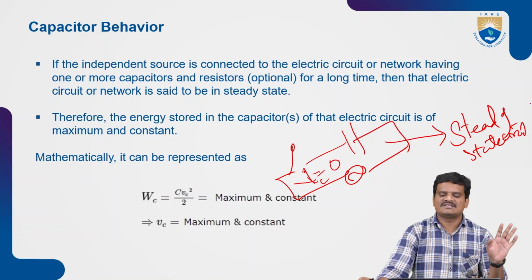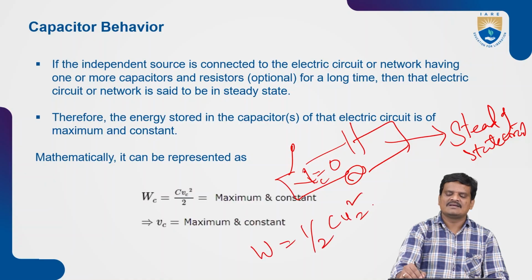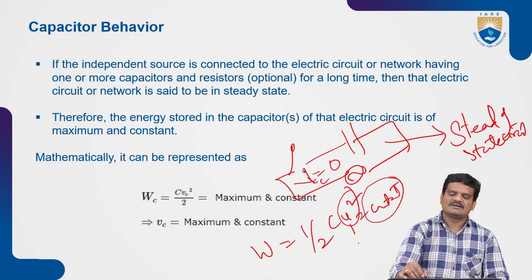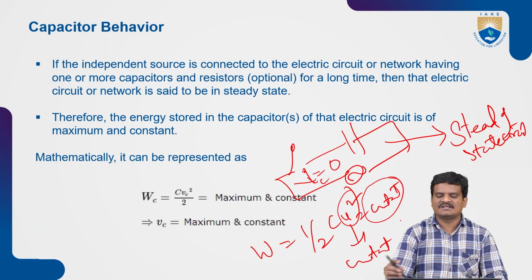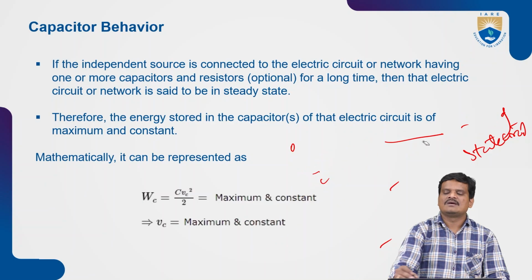Under steady state, the energy stored in a capacitor, which is half CV square, is maintained as constant. If energy is constant, the voltage present across that element is also constant. That is, the voltage across the capacitor is also maintained as what? Constant.